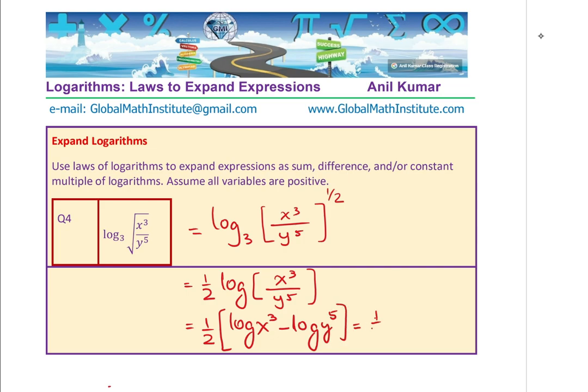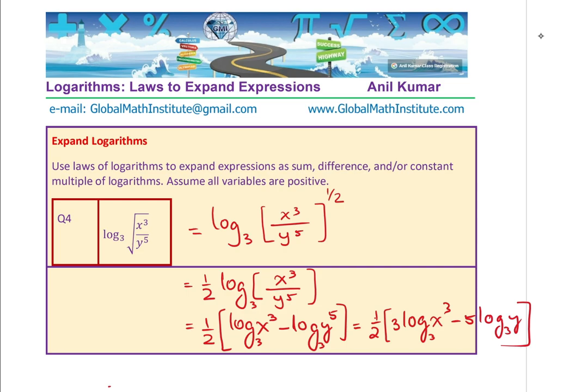And so the final result will be half, and everything in the bracket, 3 log, well, to the base 3, of course. So let me add base here, base 3. Okay, perfect. Of x cubed, right, minus 5 log base 3 of y. So that becomes your final answer. So everything as shown here, you see that half, it comes outside the bracket.